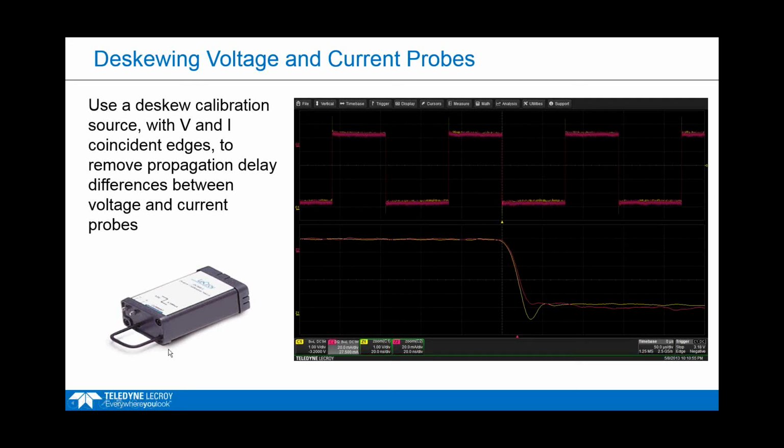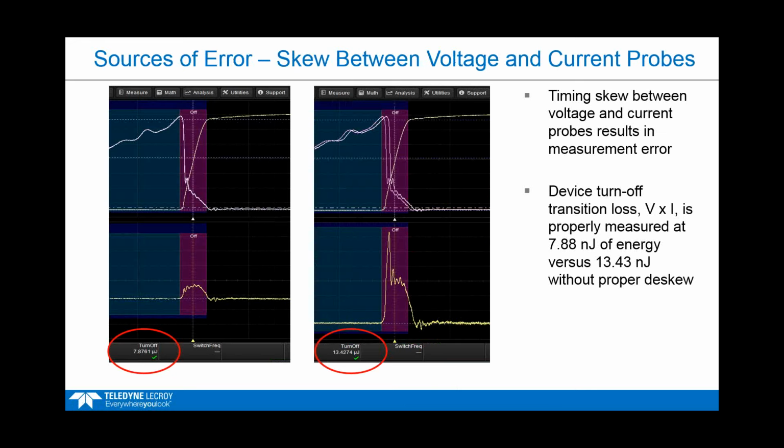So at Teledyne LeCroy, we sell a fixture which puts out a synchronized voltage and current pulse, and you hook up your probes there, and then you can deskew the probes so that you make sure you have no skew between those voltage and current signals. And that'll allow you to make a very accurate turn on or turn off loss measurement.